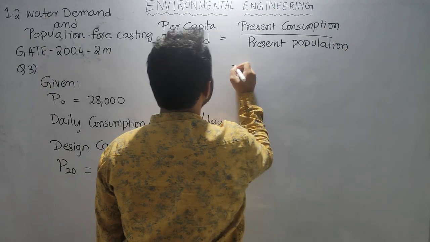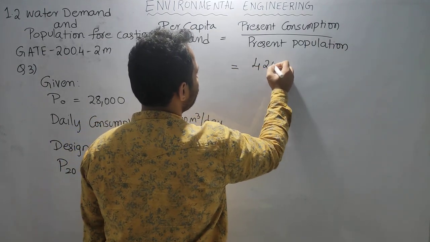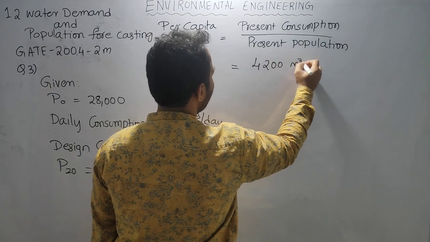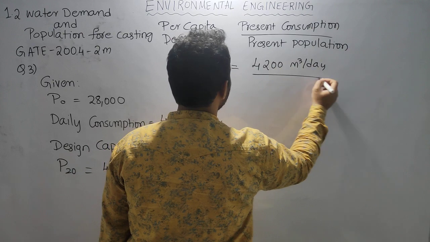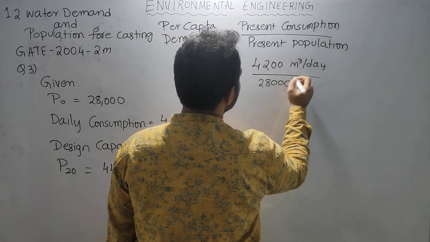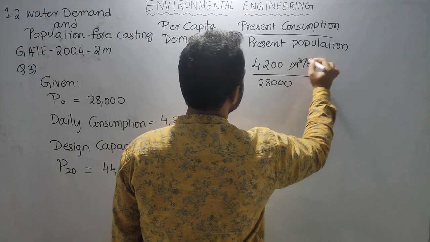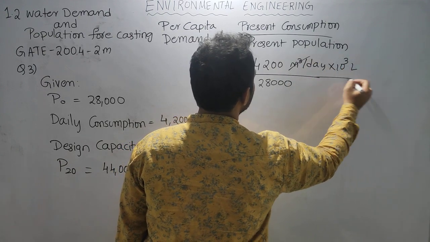So what is present consumption? It is 4,200 meter cube per day. This is present consumption. What is present population? It is 28,000. So let us convert this into liter, that means into 10 to the power of 3 liter. Okay.